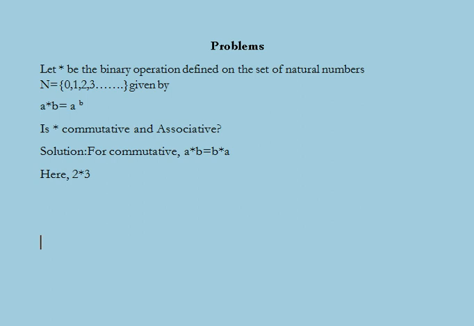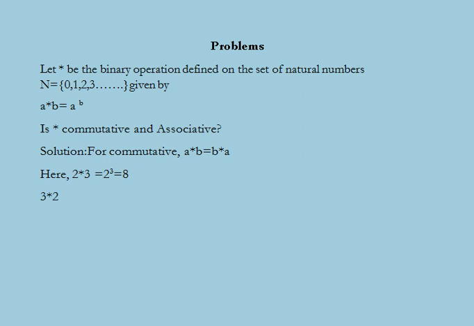Now operating this function by the use of this binary operation, we have the value of this operation as 2 to power 3, since the binary operation is defined as a to power b. This is equivalent to 8. Thus operating 2 and 3 by the use of this binary operation, we have the value as 8.